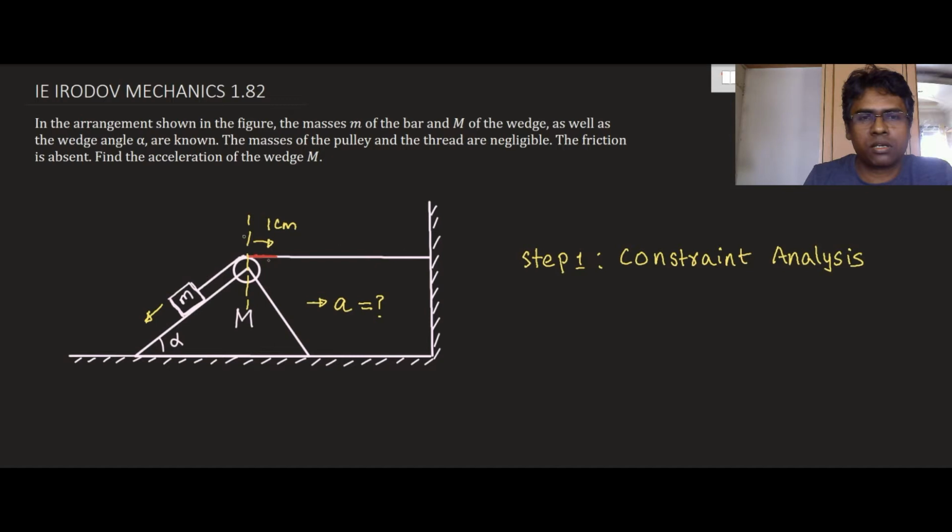This 1 centimeter string is now available for me to displace the block relative to the wedge. So we can easily see that if I don't want any slack, the block can go down by 1 centimeter, and this 1 centimeter displacement is, keep in mind, relative to the wedge.